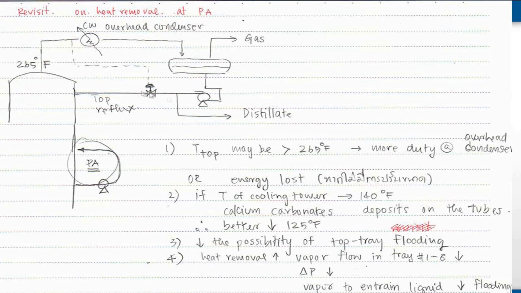If you have more liquid coming in here, you will have flooding. It means more liquid on each tray and no vapor can move up. When the flooding is built up, it will build up the pressure drop, which we don't want to happen.